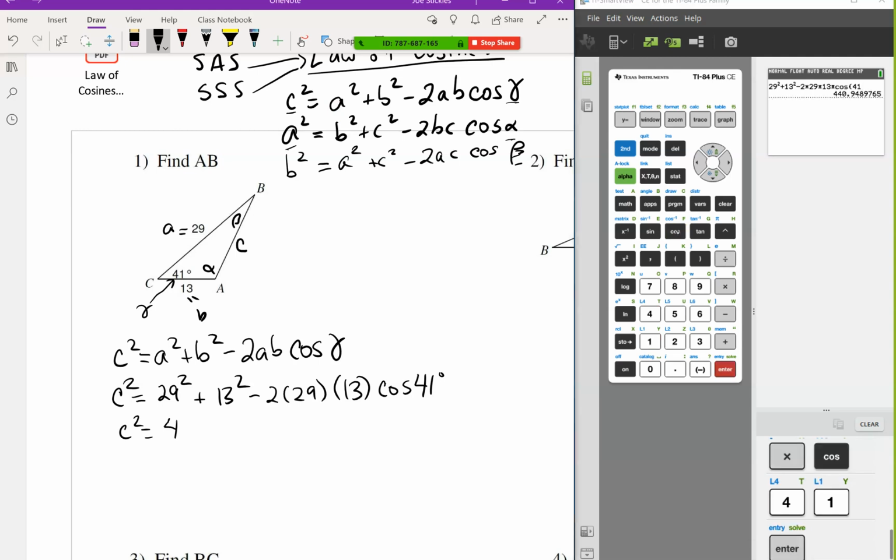And we get 440.9490. Don't erase them. And then to find C, we'll take the square root of both sides. So I'll do second square root and then second answer. And we get C is approximately 20.9988.